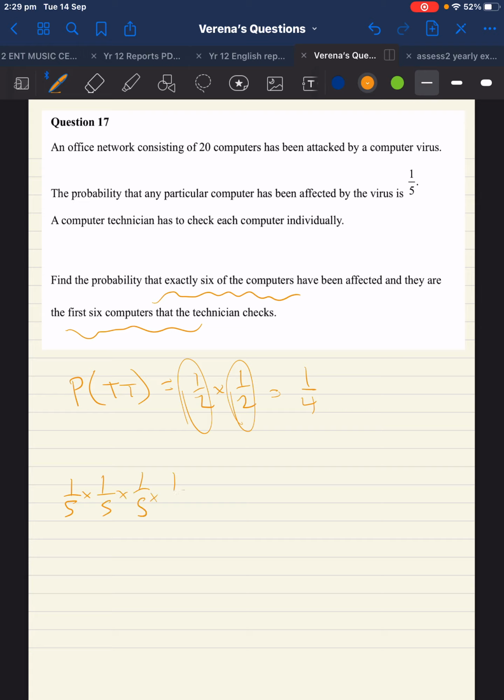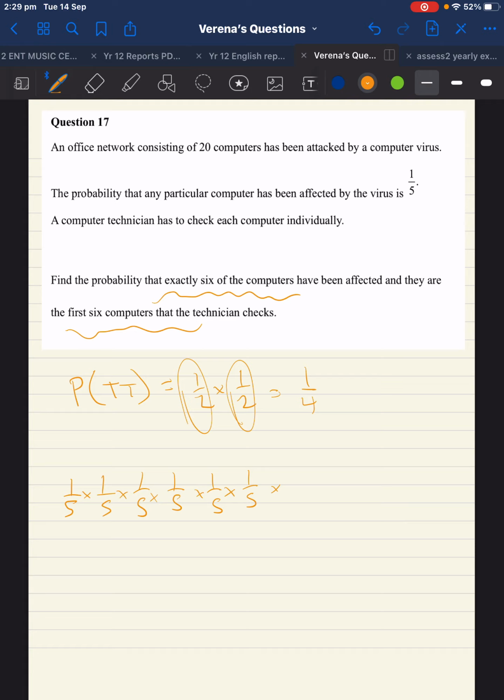The third one, the fourth one, the fifth one, the 6th one, right? It's extremely unlikely. You've only got a 1 in 5 chance of a computer having a virus, and the first 6 you go to having the virus is very unlikely. Anyway, let's then move on.